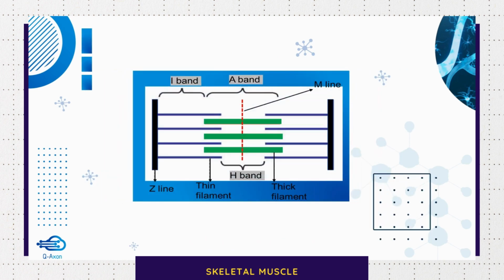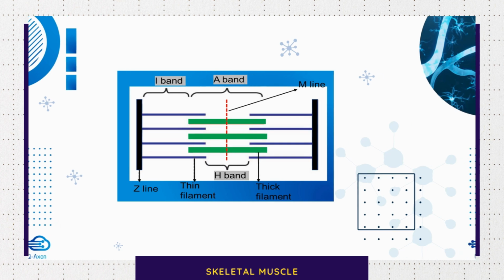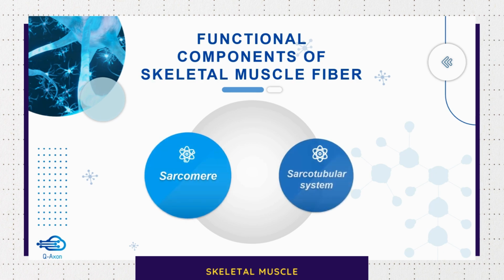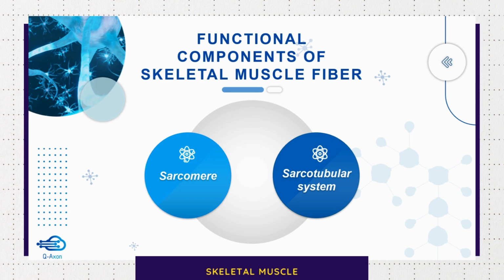With that background, let us now focus on the structural components which are important in muscle contraction. Now there are two important functional components in the skeletal muscle fiber which are important for muscle contraction. These are the sarcomere and the sarcotubular system.